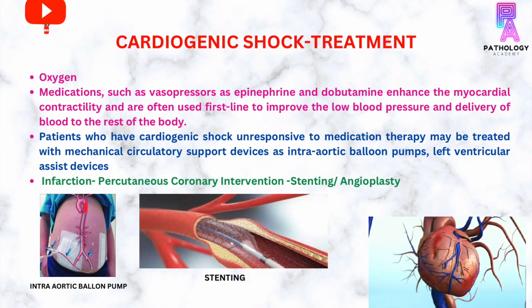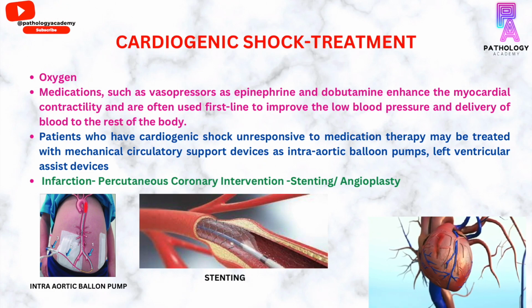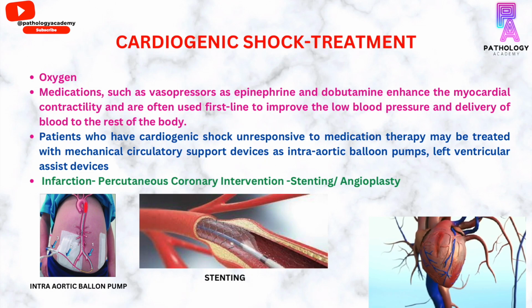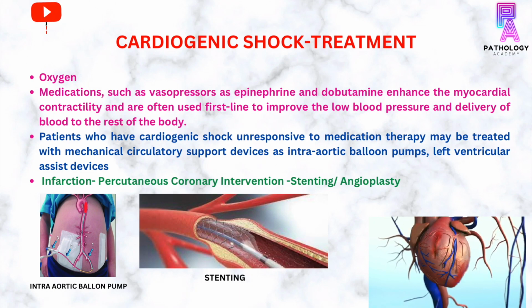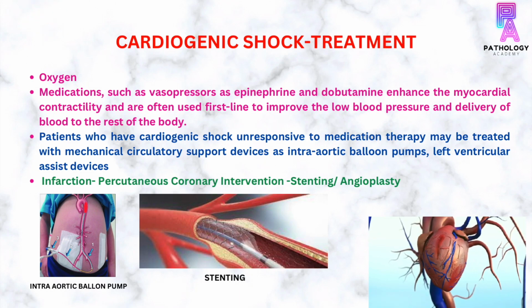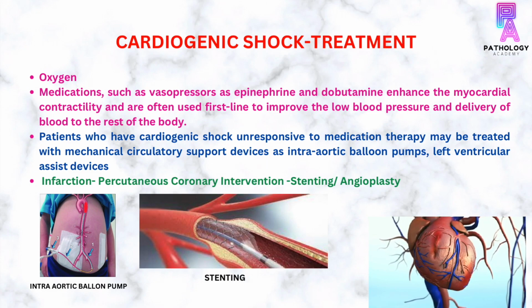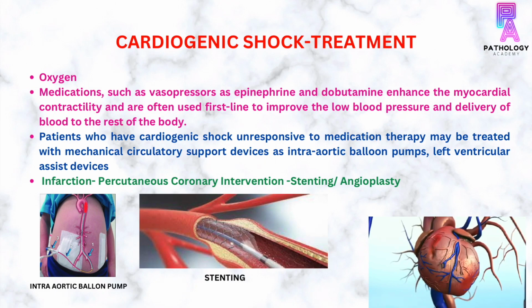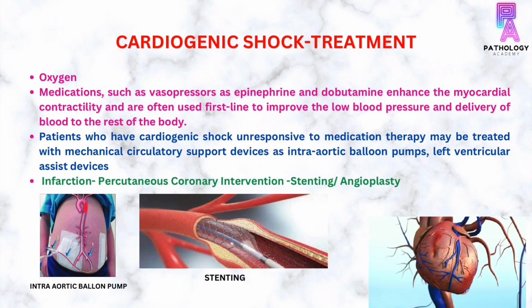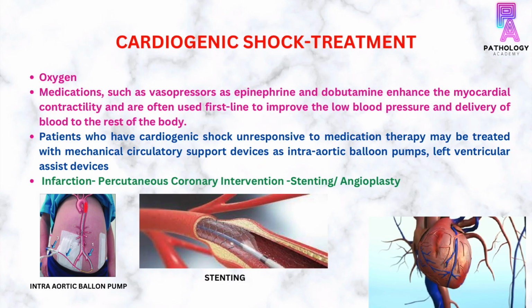Patients who have cardiogenic shock unresponsive to the medication therapy may be treated with mechanical circulatory support devices such as intra-aortic balloon pumps or left ventricular assist devices. In cases of myocardial infarction, percutaneous coronary intervention may be required, which includes stenting or angioplasty.